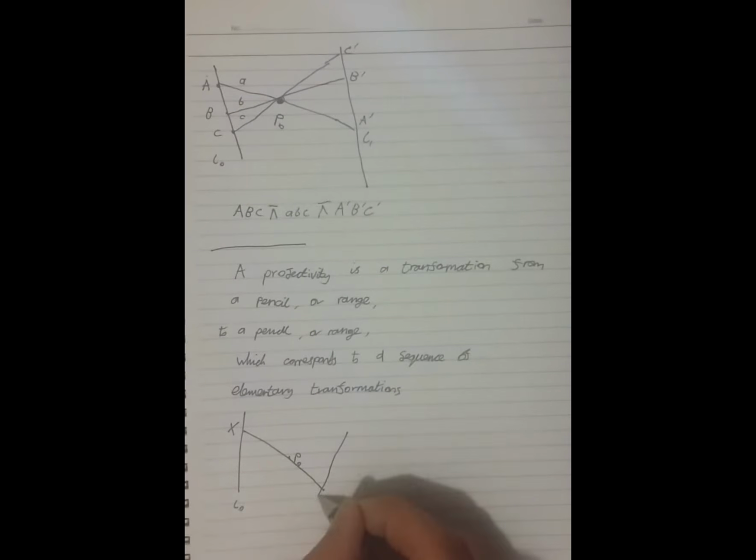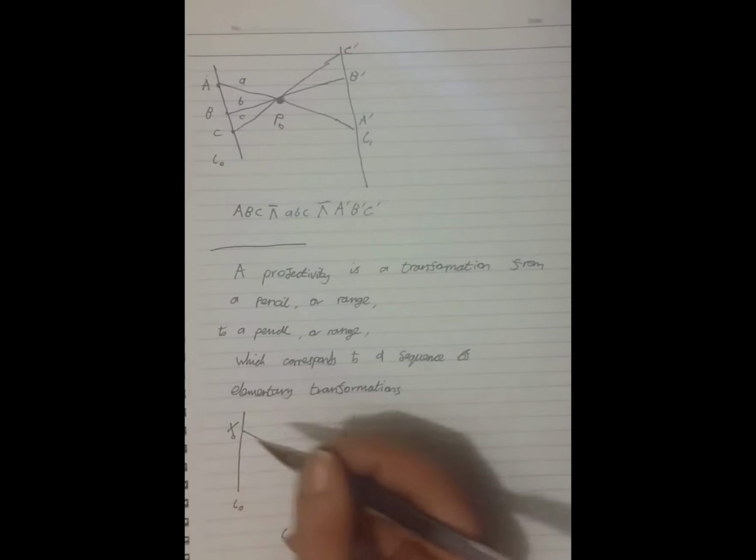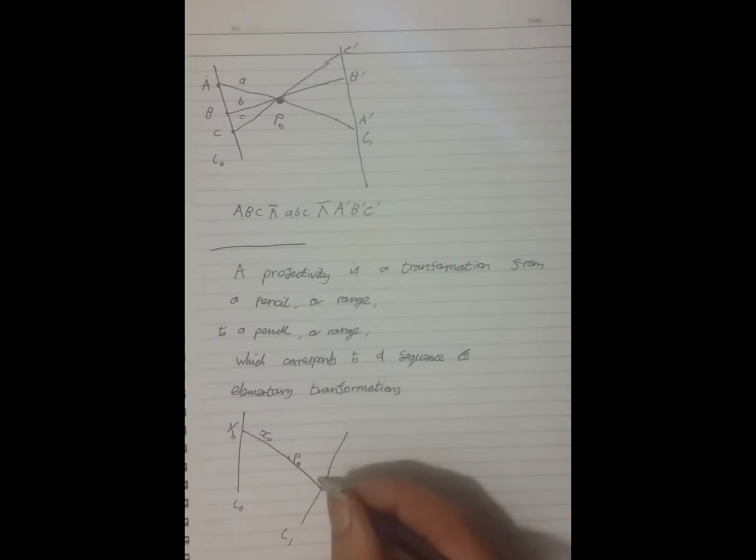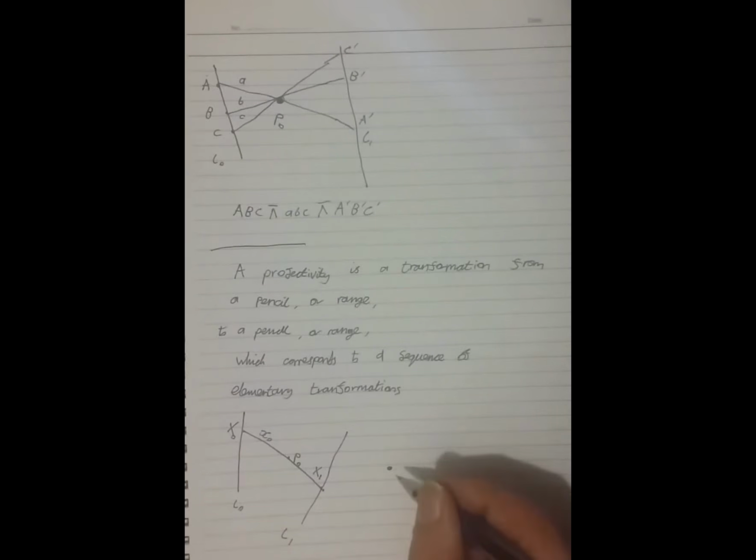We might have another line L1 here. And so this is now x1. And there's no reason why we couldn't have another point here, P1.